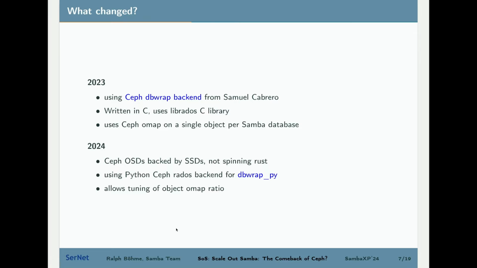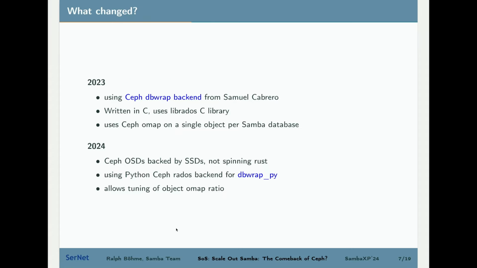And having it in Python, I could also easily make changes, like tuning the ratio of how many OMAPs and objects, or whether we would use just objects instead of OMAPs. That can easily be tested in Python.